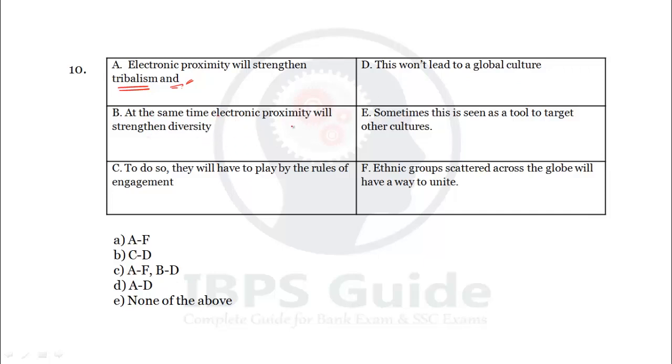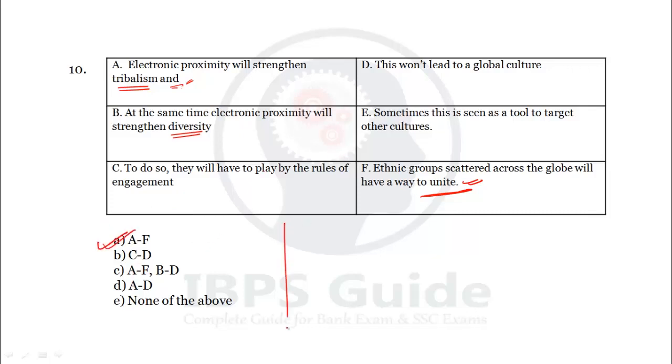If the first sentence says that ethnic groups scattered across the globe will have a way to unite, and the second sentence says it will strengthen diversity, that is not absolutely correct. I mean to say, after A and F, BD will not be the correct option. So that's why A will be the correct option.